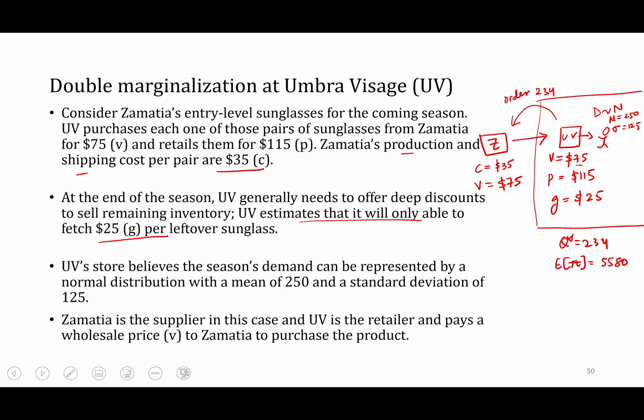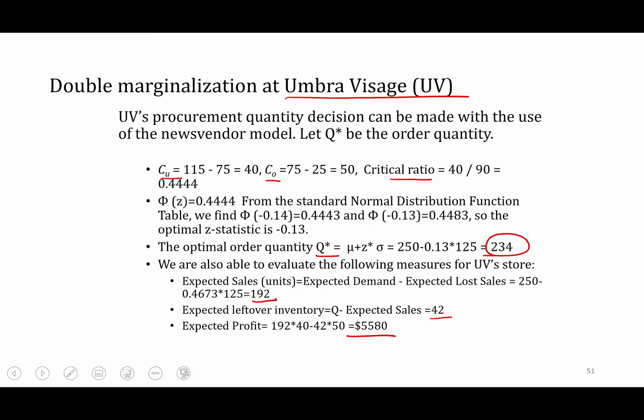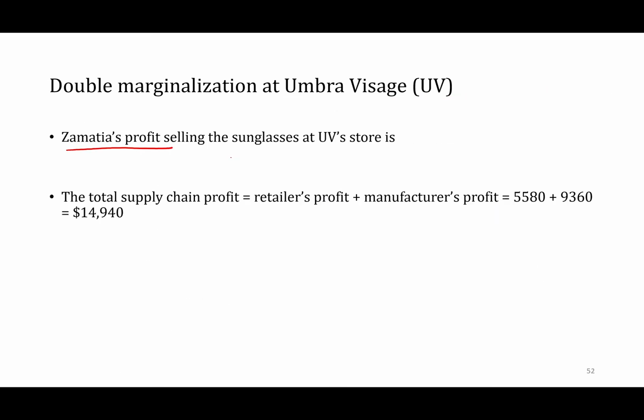That's their margin. So they make 75 minus 35, and then they sell 234, and this turns out to be 9,360.